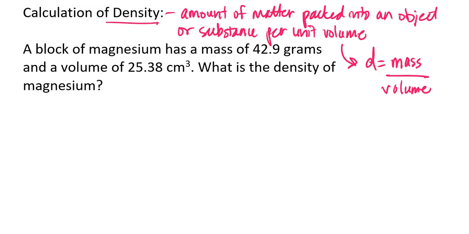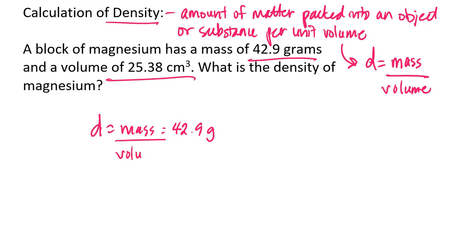So for example, I have a block of magnesium in this sample problem that I've put on this slide, and it has a mass of 42.9 grams and a volume of 25.38 centimeters cubed. They're asking for the density, and so this problem just involves plugging in the mass, which is 42.9 grams, and I'm going to divide by the volume.